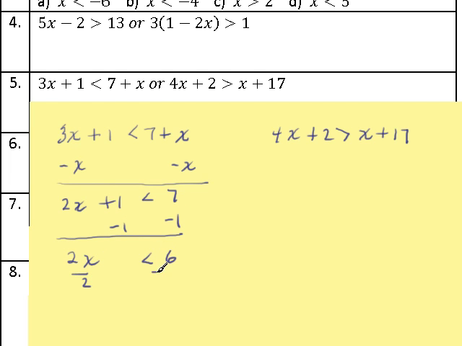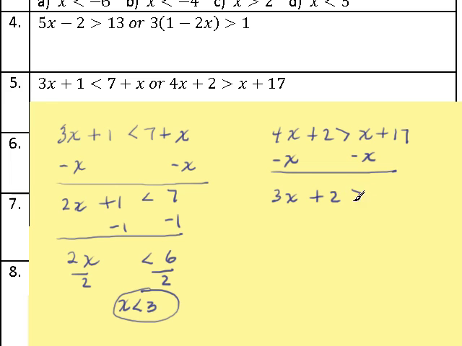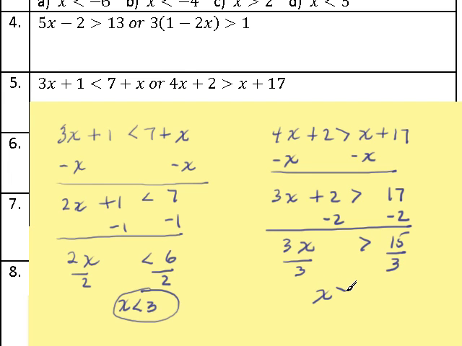And then divide by 2. X less than 3. And here we'll subtract x. 3x plus 2 greater than 17. Subtract 2. 3x greater than 15, and divide by 3. And we have x greater than 5.